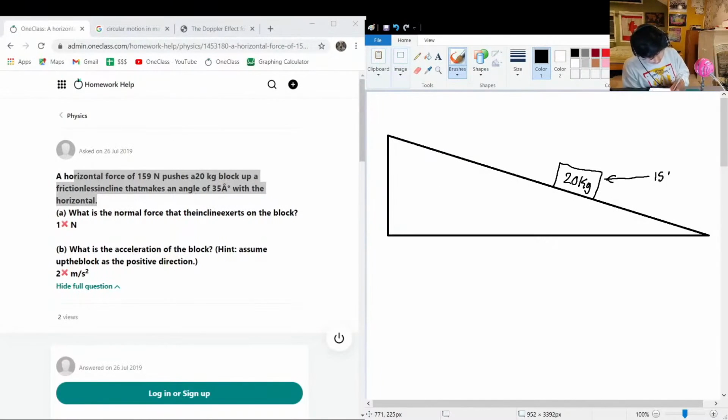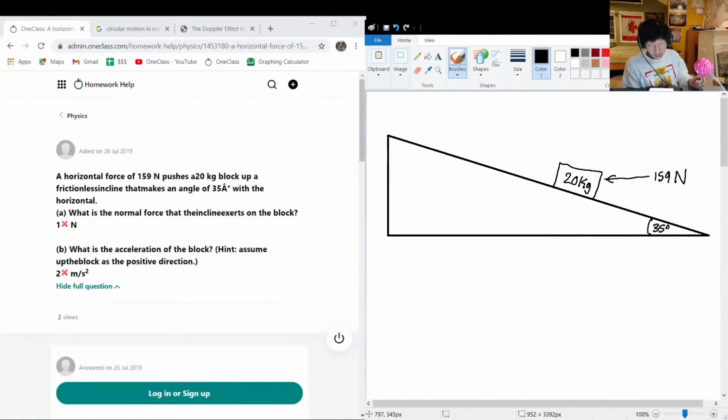So 159 newtons, and we're also going to have, what's another detail? We have a 35-degree angle here.